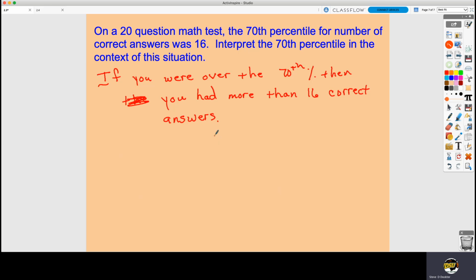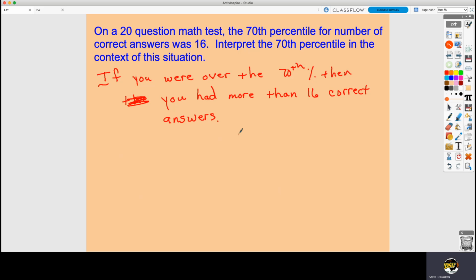Do realize though that the higher number is not always the better one. Like this, when we had more than 16, that meant your percentile went up, right? Is that always the case? What would be an example of when you were in the higher percentage, but the number actually got smaller?